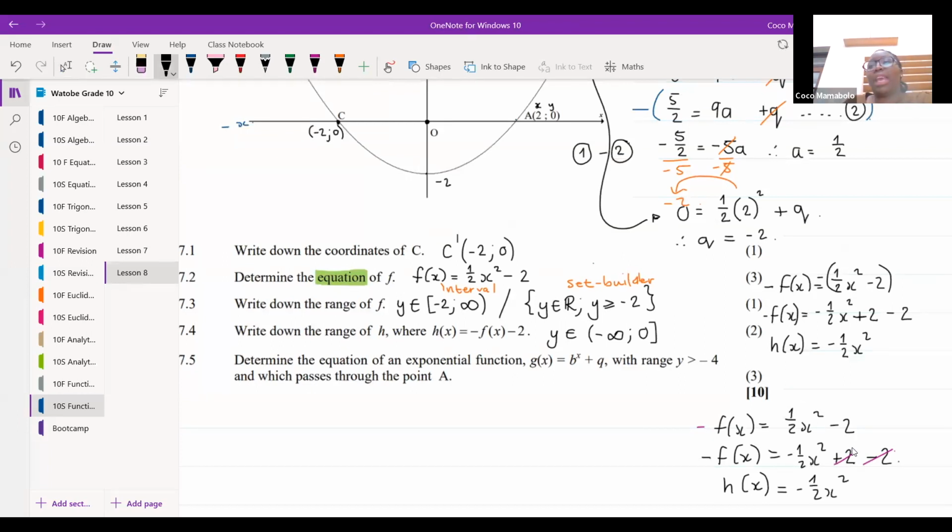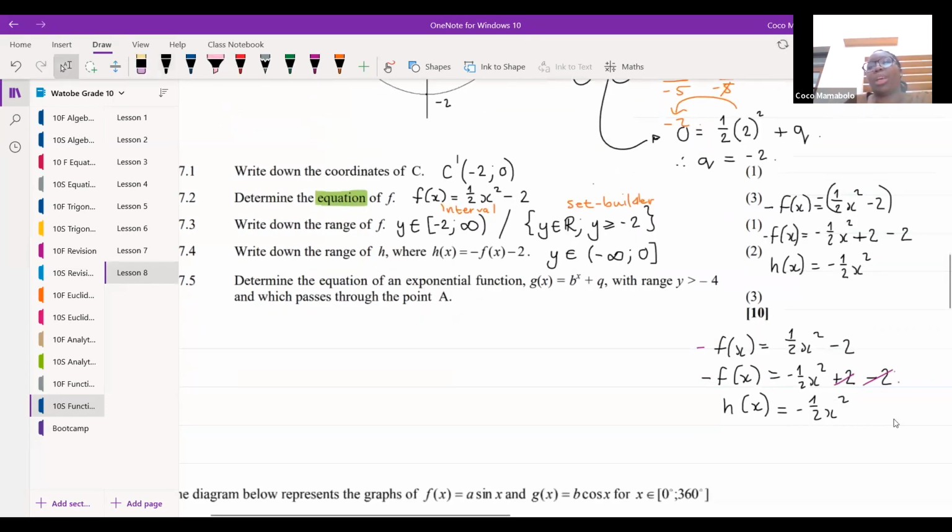Where? Because when x is 0, what is my value for y? If I make x 0 here, what will my y value be? Let's substitute. H of x is equal to negative a half times 0 squared. What will my answer be? 0.